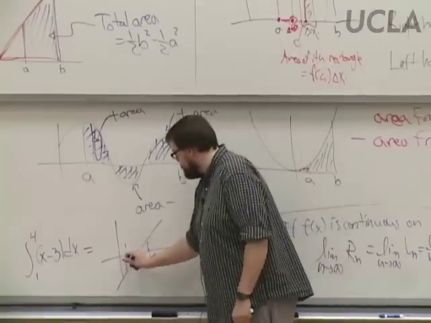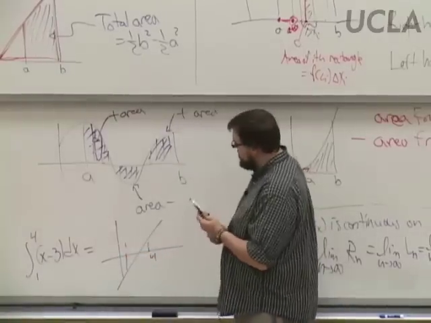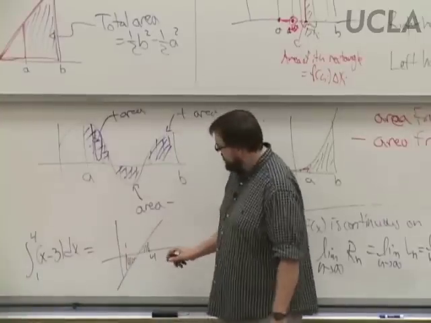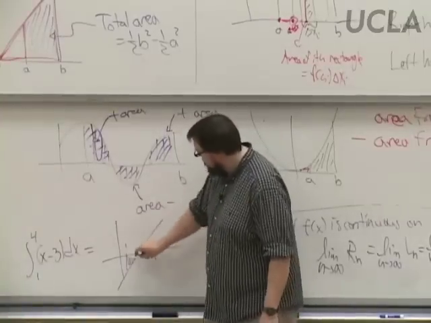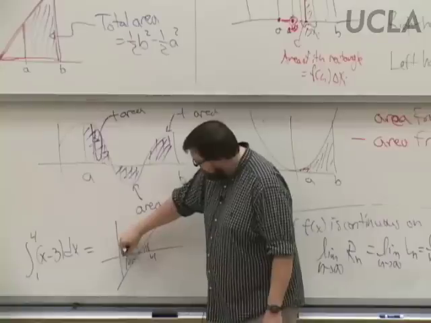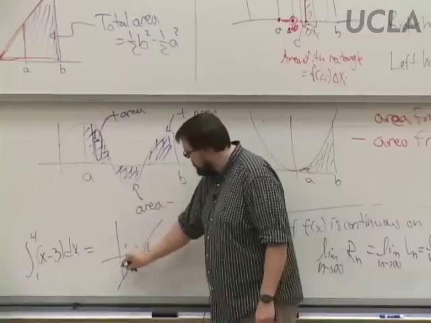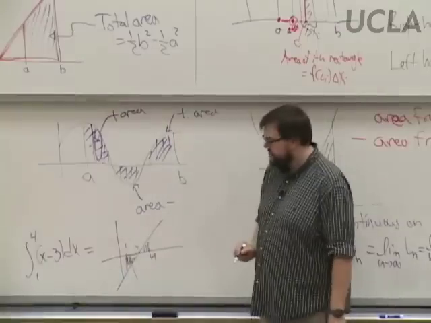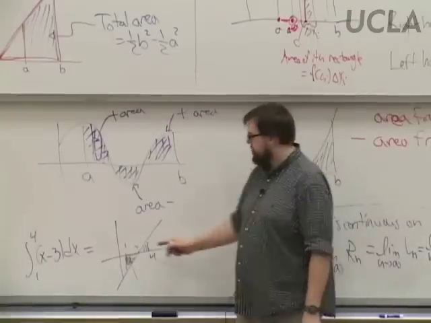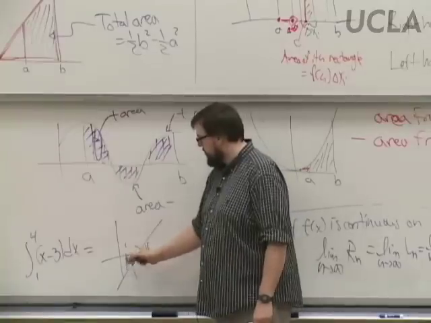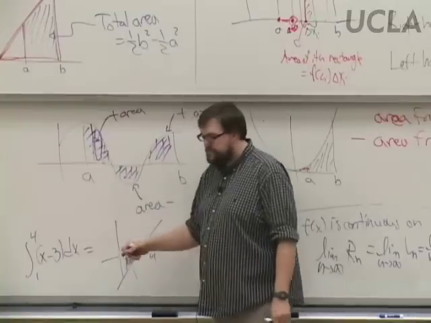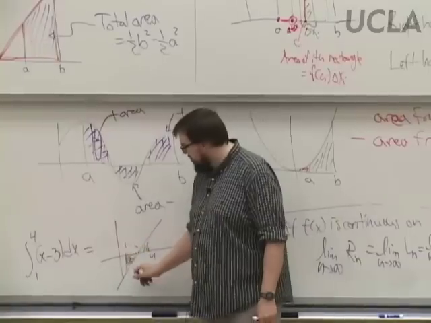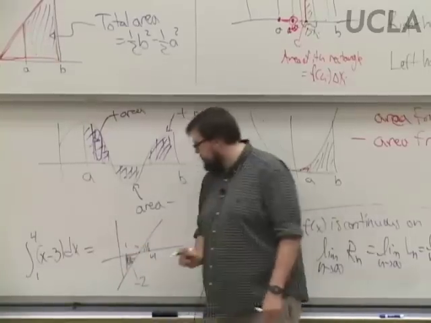What I can do is think of this as two triangles, a triangle over here and a triangle over here, where it crosses at 3. So here the width is 2, the height is 2. So what's this area? A half base times height would be 2, but because I'm below the axis, it's really going to be an area of negative 2.